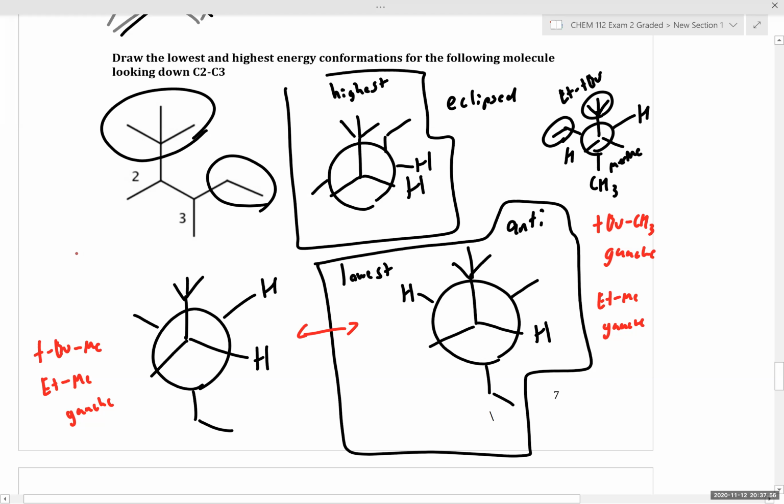The only difference is you have to keep your ethyl group away from the t-butyl group. It's good that we pointed that out, and that's mainly what I was looking for. If you did that, I took off a point, but you still got the majority of points for the question. I was just curious if my logic made sense, but it's pretty close.